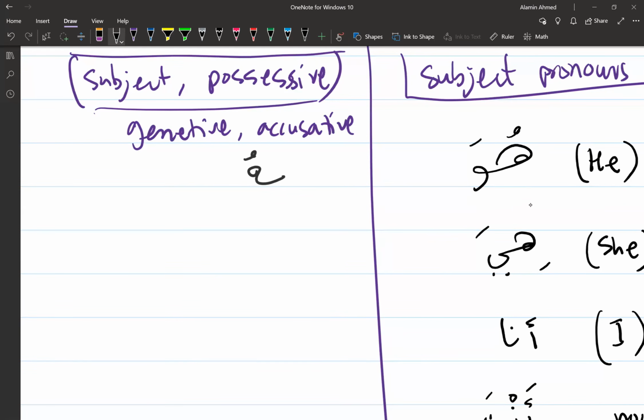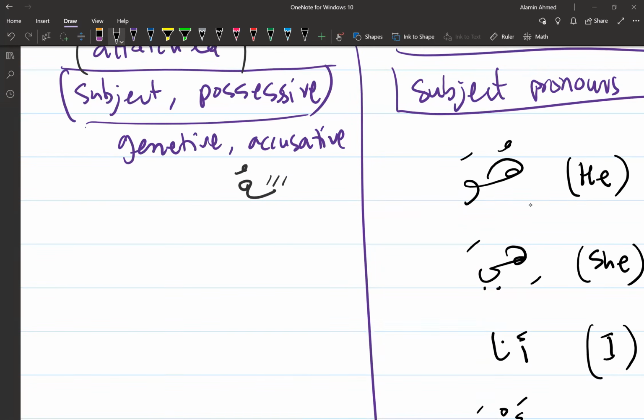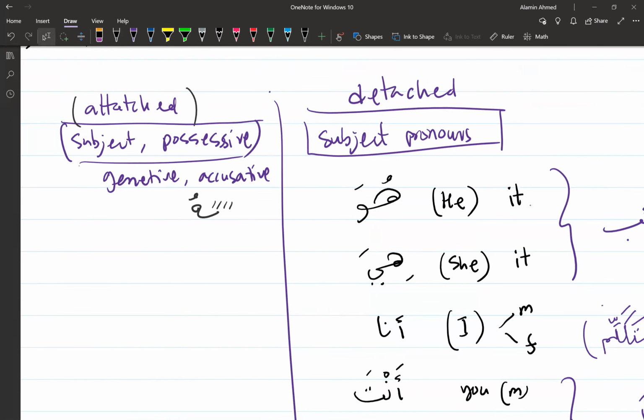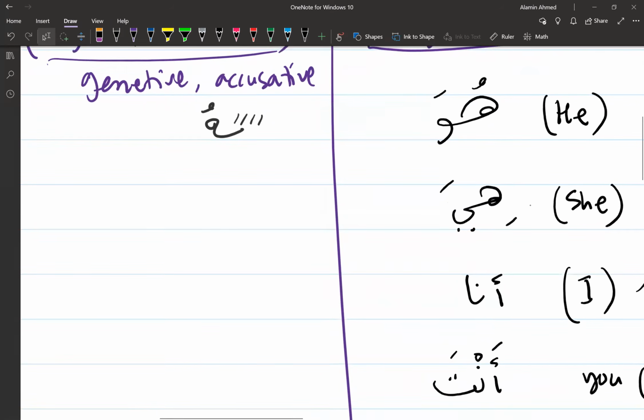Hu, one letter, ha with dhamma. Now, because it's attached, what does it mean? It means it needs to be connected with something. That is the main difference between these two pronouns. Huwa can stand by itself, but hu cannot stand by itself. It needs to be connected with something. Okay, inshallah, we'll see a lot of examples.